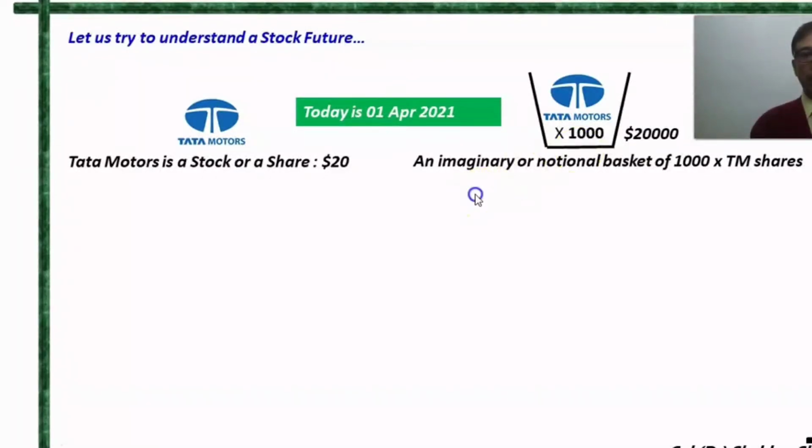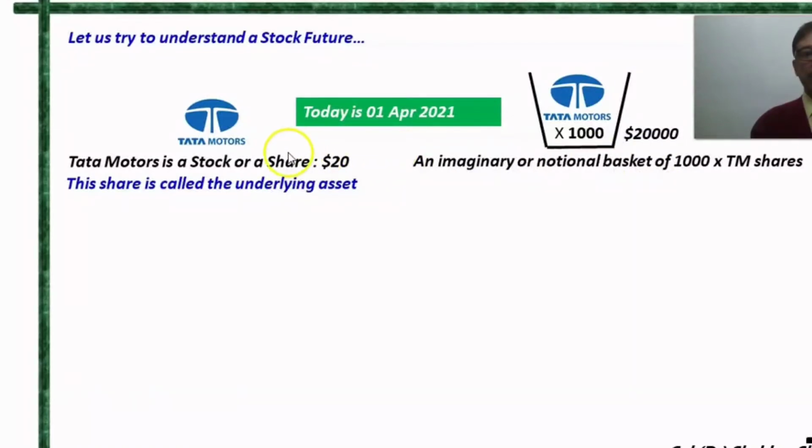Isn't it? Okay. So this single share of Tata Motors is called the underlying asset. And since this notional basket derives its value from the share of Tata Motors, because if the price of the share goes up, then the value of this basket goes up.